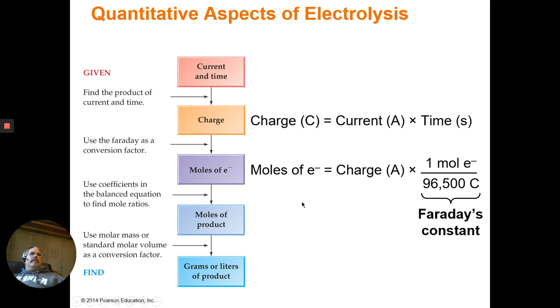For example, I talked about how aluminum has a +3 charge. So for every 3 moles of electrons that are used, we produce 1 atom of aluminum, or 1 mole of aluminum. Okay, and then from that we can obtain moles of product, and then we can use molar mass or standard molar volume or the gas law to determine grams or liters of product.